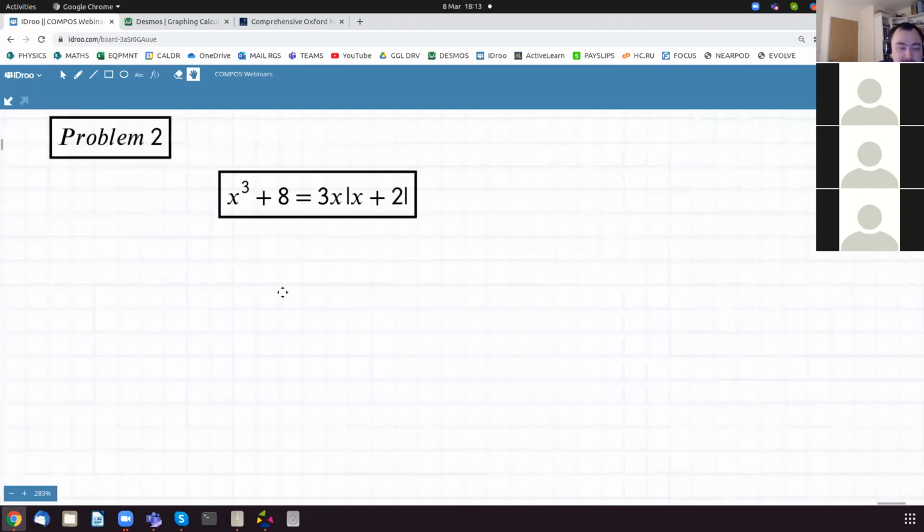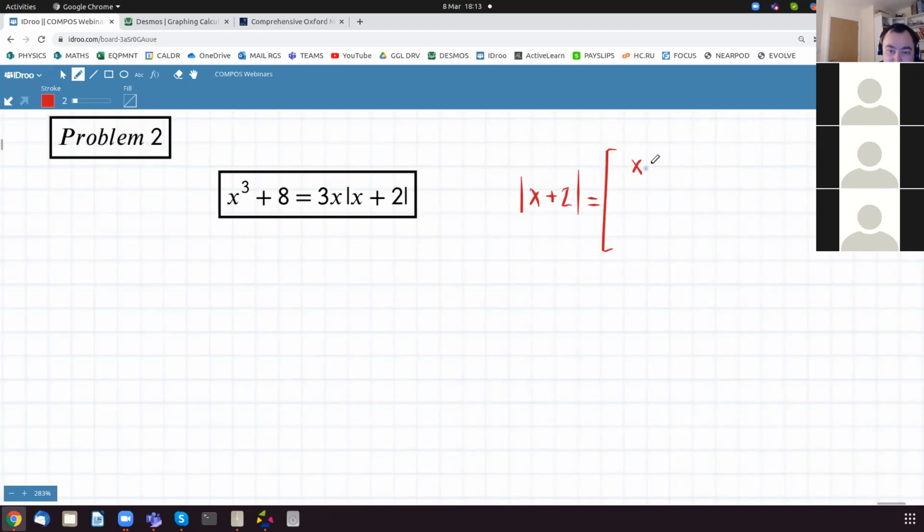Right. So here you have another equation which contains a modulus. So we're going to use the same principle to expand the modulus. So modulus of x plus 2 is either x plus 2 when x is greater or equal to minus 2.